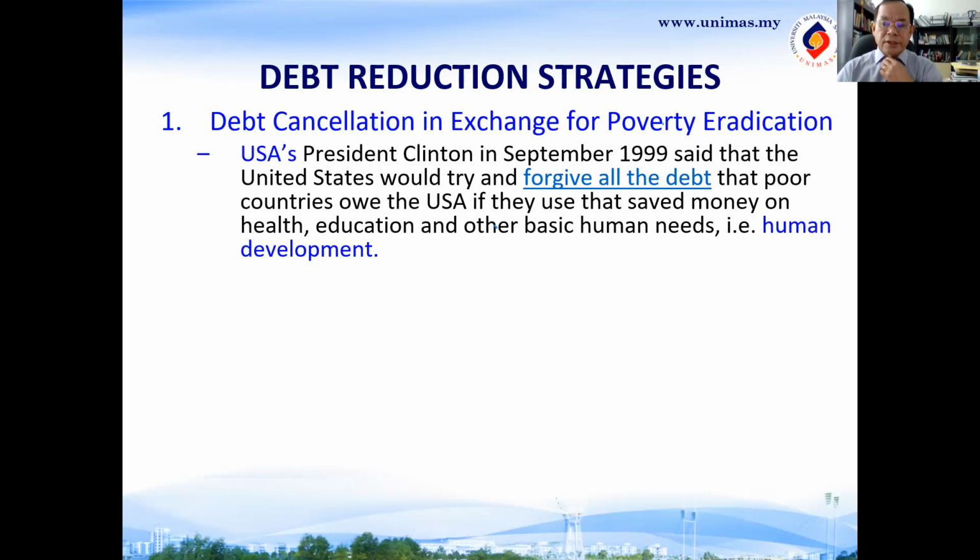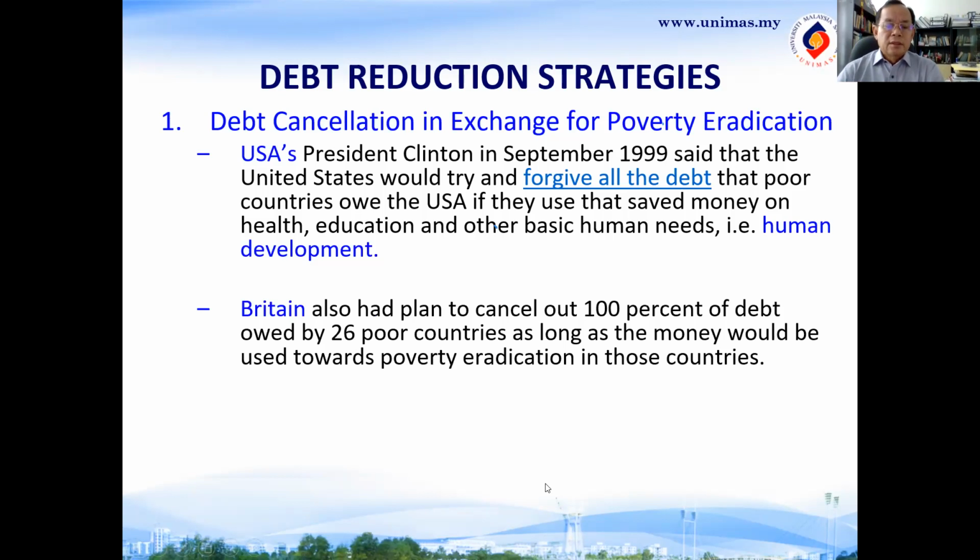As long as the poor countries are willing to make use of that money for improving human development in the country, ya, termasuk education, health, and so on. Britain juga, negara Britain juga mengikuti langkah yang dibuat oleh Presiden Clinton of the United States.